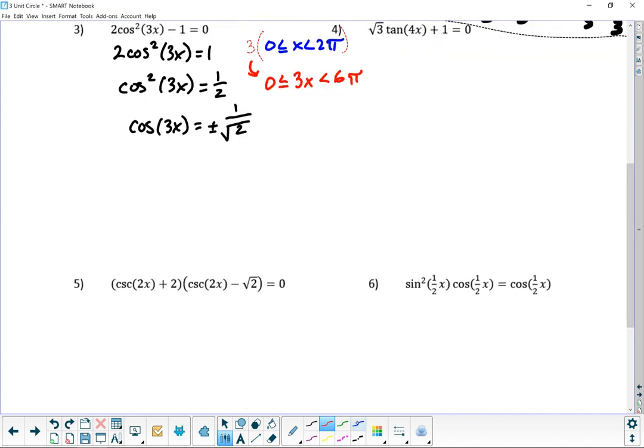Rationalize just means that I need to multiply the bottom by radical 2 and the top by radical 2, which would give me positive or negative radical 2 over radical 4, and square root of 4, you know, is just 2. So I'm looking for the answer of positive or negative radical 2 over 2.